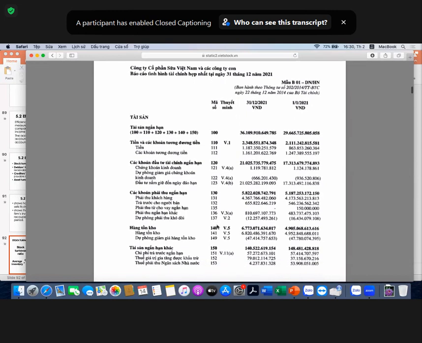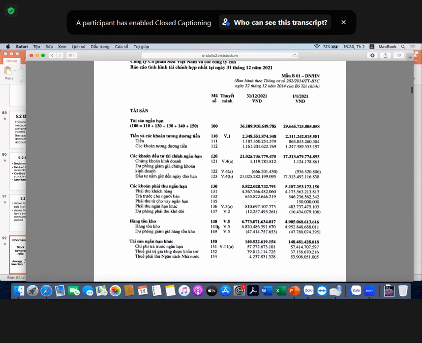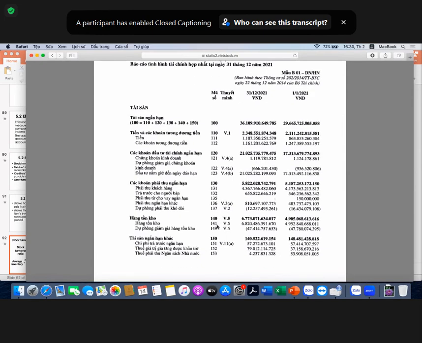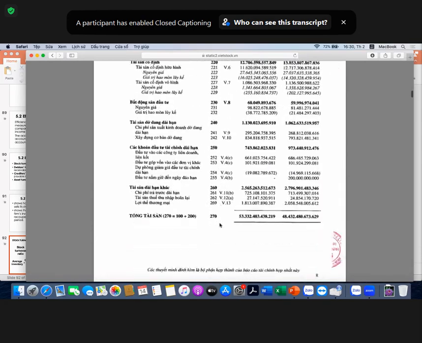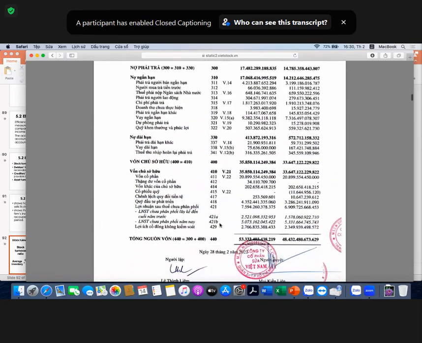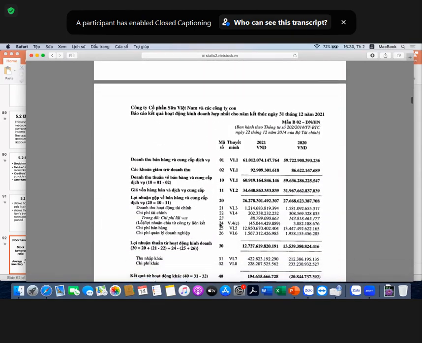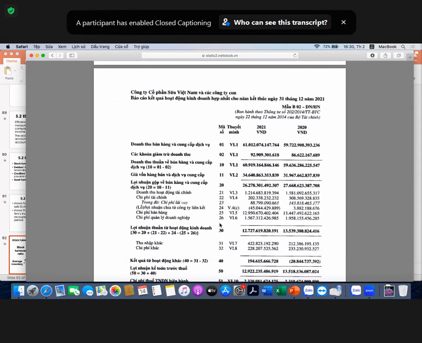The inventory ratio is calculated by what? Cost of sales. What is the cost of sales in this case? Look at the financial ratio. Now, what is the cost of sales code?